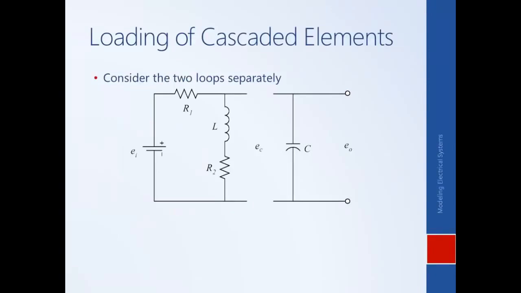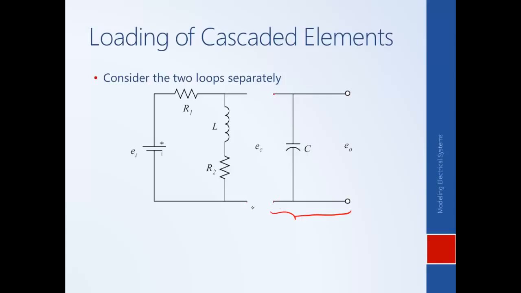Something to think about is to take this circuit that we just analyzed and break it into two, and consider it as two loops separately that are in series. If we look at this half of the equation, you can consider the voltage across the capacitor as some intermediate voltage. We'll call it EC.